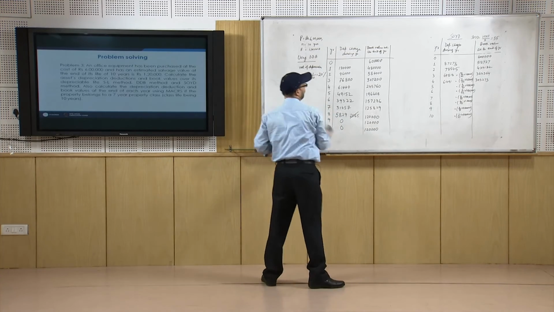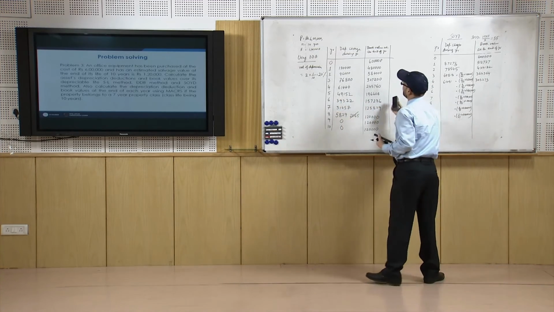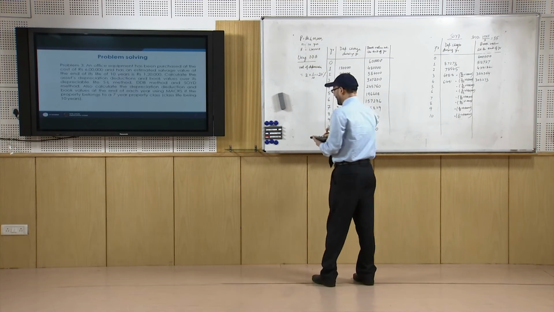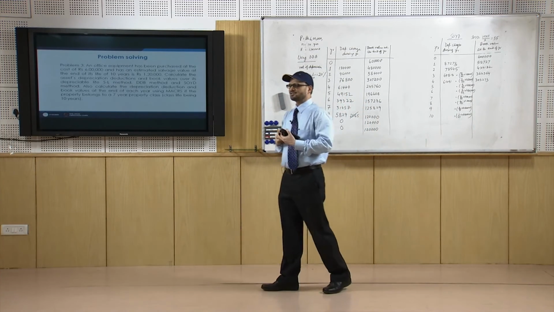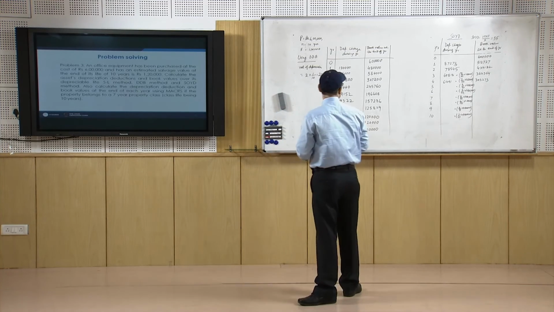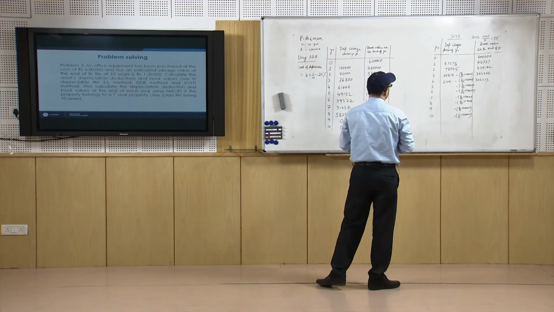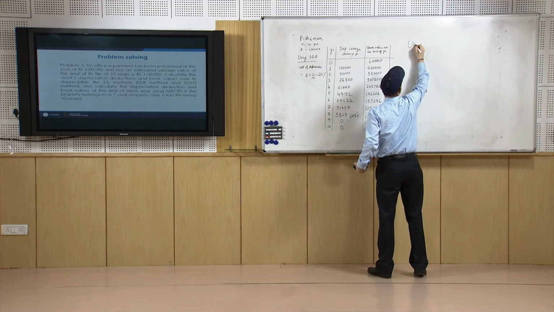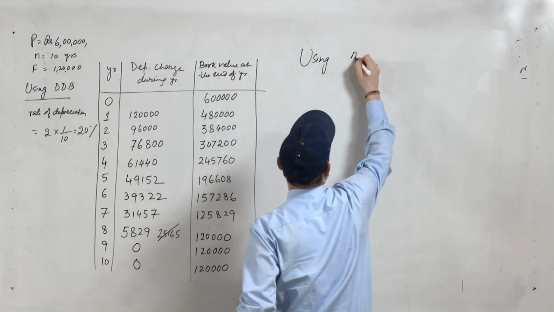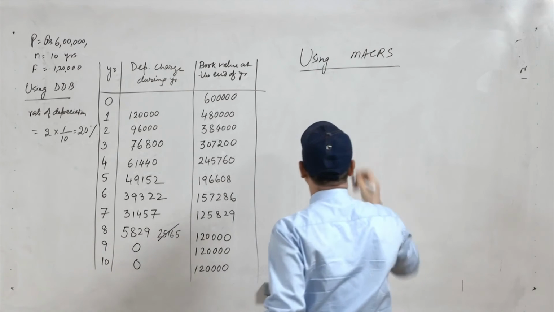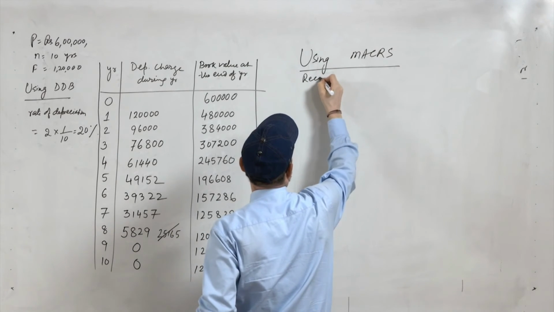Now, let us go to the method of MACRS. As we had discussed, MACRS uses the recovery period. So, in the case of that, now using MACRS, you have recovery period as 7 years.